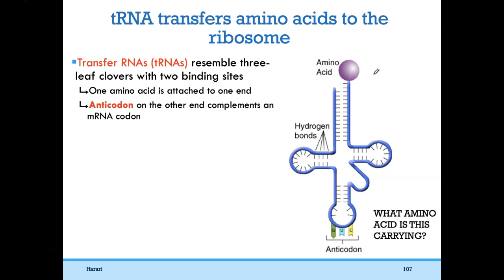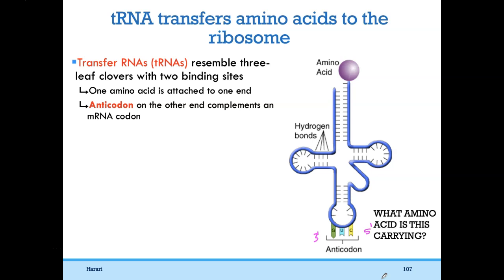On the other end, there is an anticodon. And an anticodon complements a codon of mRNA. So an anticodon is always written 3' to 5', and it complements an mRNA codon.